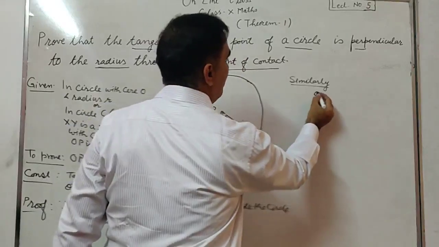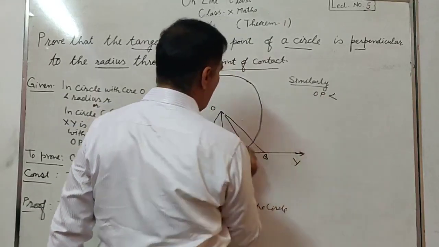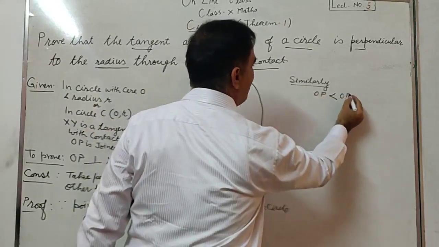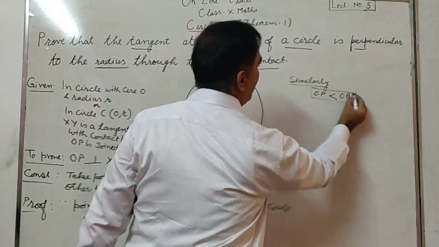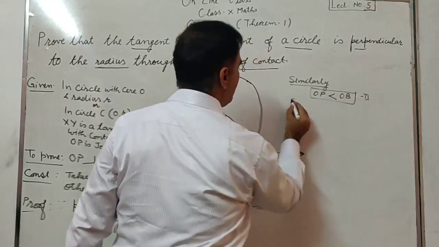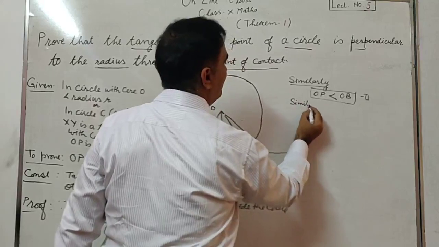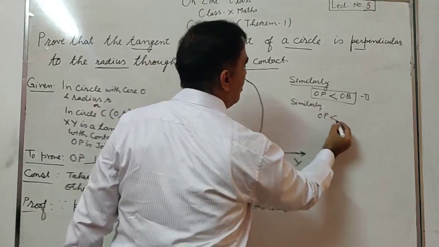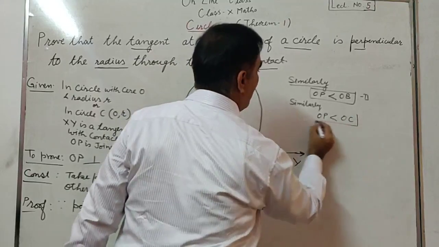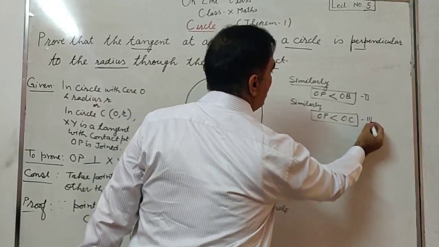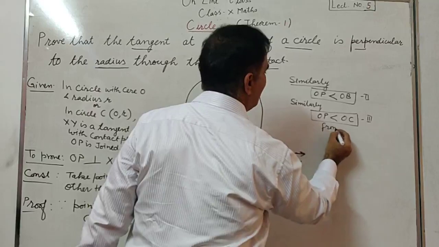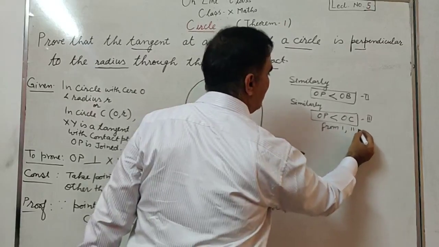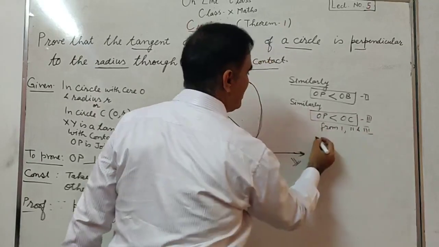OP is smaller than OB. You can take it as the second. Similarly, OP is smaller than OC. This is the third. From the first, second and third, what is this?